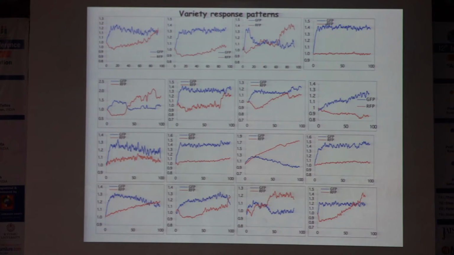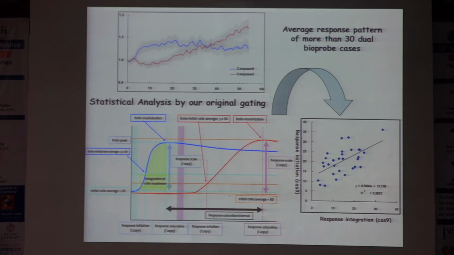Anyway, I achieved statistical analysis for these data. Interestingly, this is a very beautiful average pattern. And I finally found a relationship over individuality of cells between caspase-9 integration, meaning activation intensities and continuations, and initiation time points of caspase-3 activation.